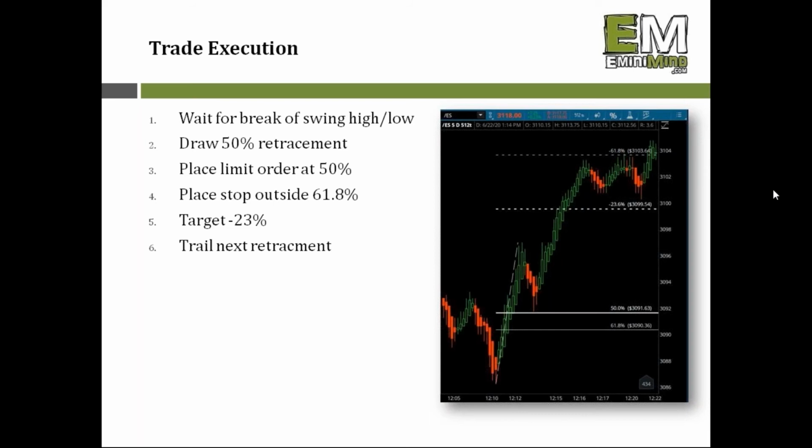Because when you look at your whole position, all 10 contracts, as it relates to your stop, let's say you risked 2 points on the trade, you want to try and make roughly twice what you risked.